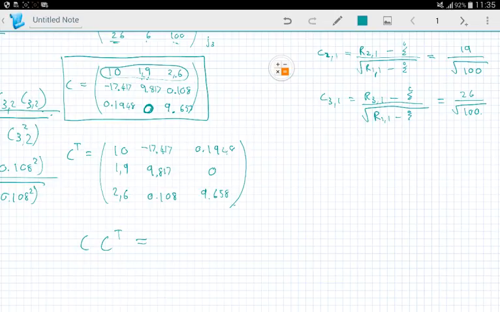Okay, hold on. Let's click back here. Let's go matrix multiplication. Matrix A. And then matrix B will be 10, negative 17.417, 0.1948, 1.9, 9.817.